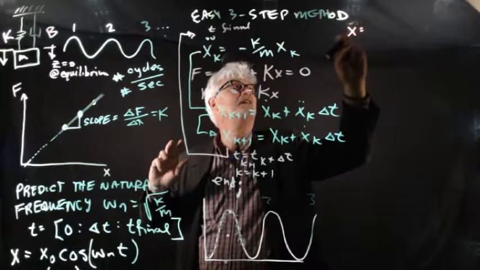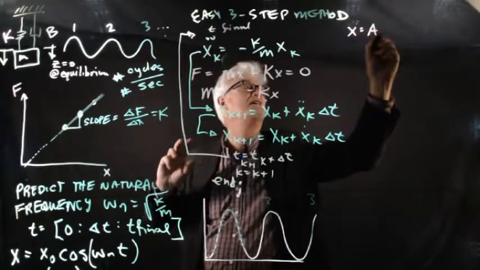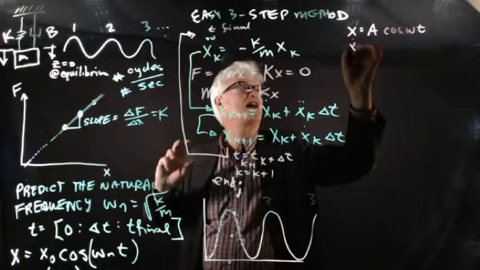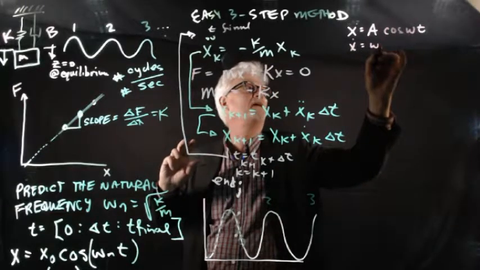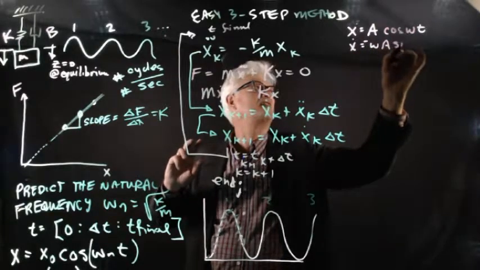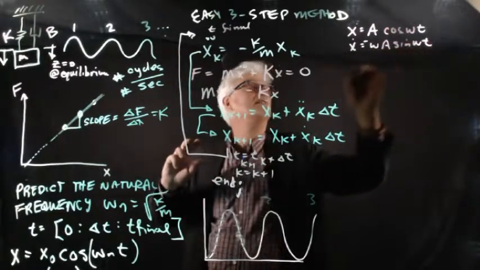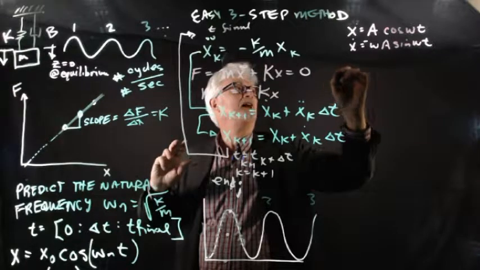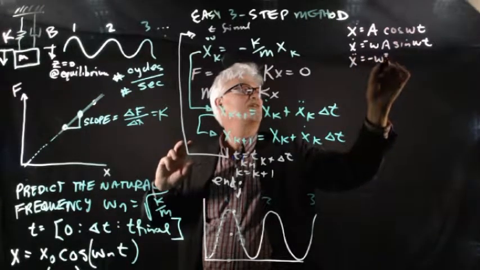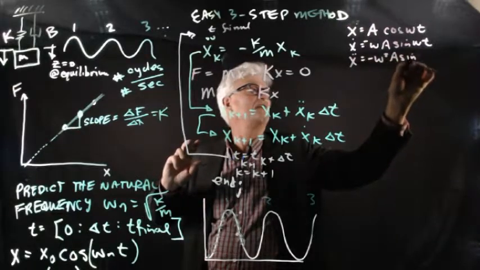Let's start at the beginning. x equals a cosine omega t. That means x dot is equal to minus omega a sine omega t, because the derivative of cosine is minus the sine. And then x double dot equals minus omega squared a cosine of omega t.